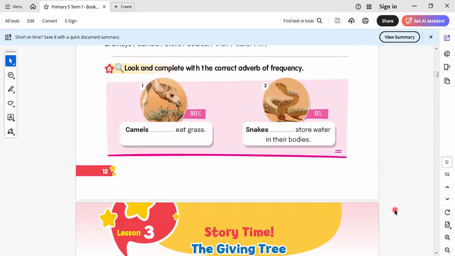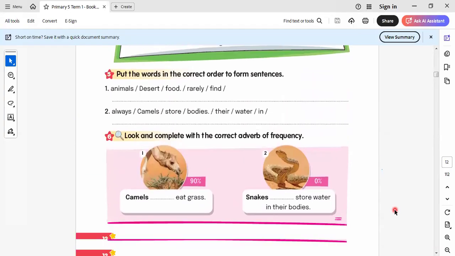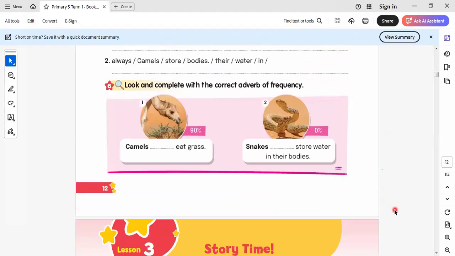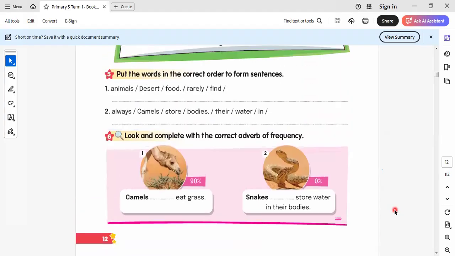So here I stop in lesson 2. Next class, I will start lesson 3. I would like to know if you want to know more about our lesson today, about the Nile River animals or the desert animals. You can search on Google about these animals to have more information.